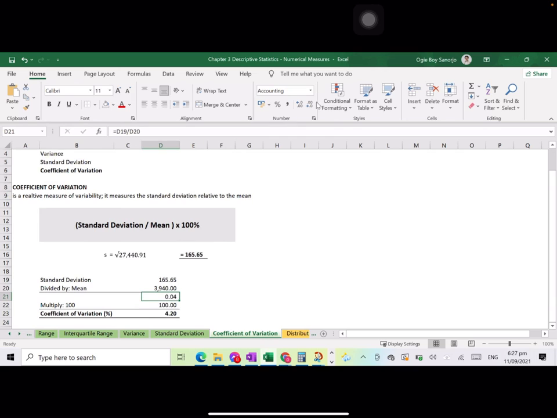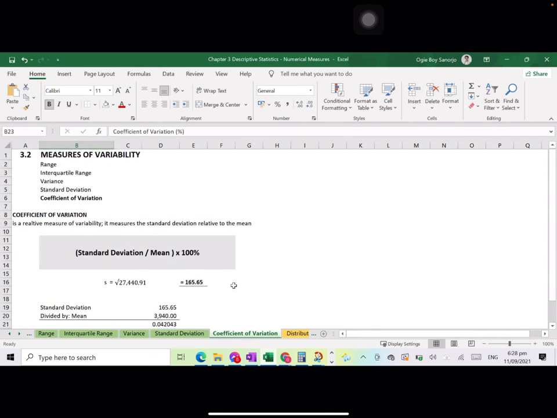So, lagyan pa natin ng decimal para marami. Para masaya. So, we have here 0.042043 multiplied by 100%. Therefore, our coefficient of variation in percentage is 4.20. So, that's it, our topic related sa measures of variability.